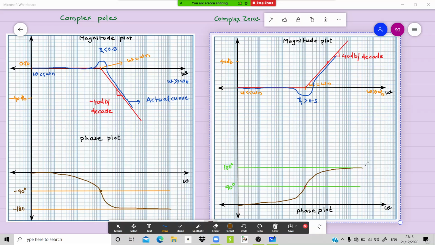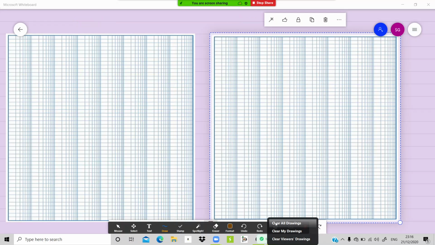We'll summarize it in the last, but before that I would like to take the characteristics. Okay, let me save this. And not required now, so I'll say delete.